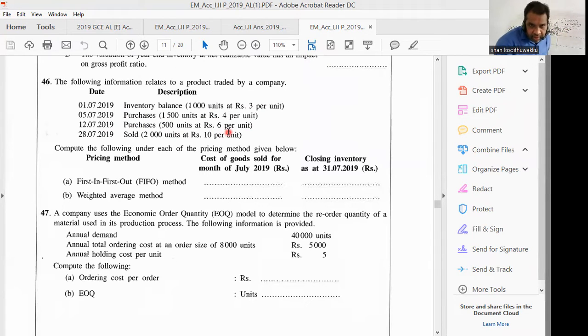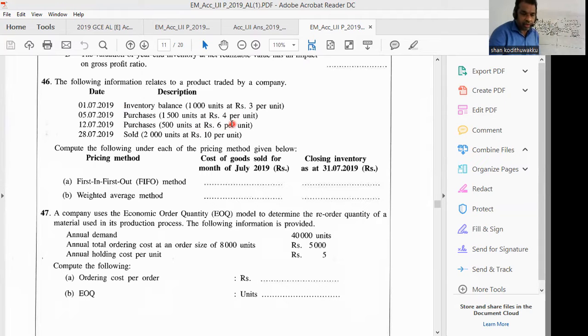That is the closing stock: 500 at 4 is 2,000, 500 at 6 is 3,000. The total will be 5,000. That is the closing inventory value under FIFO.